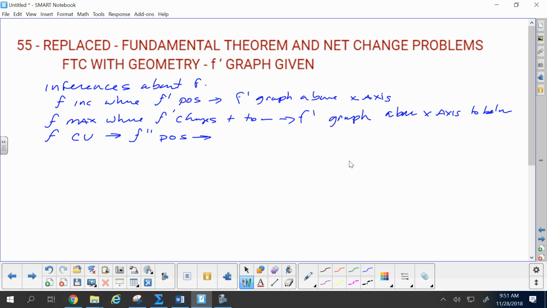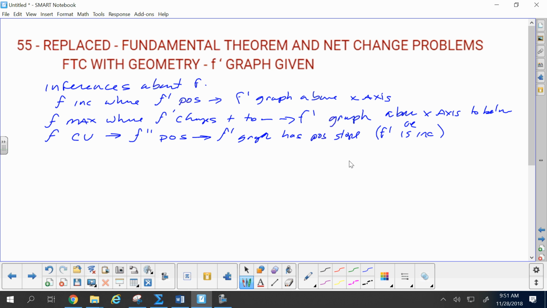It's beautiful. You guys are good. Okay? F double prime is positive where the f prime graph has positive slope. Or you could also say where the f prime graph is increasing. Those both are totally true and acceptable.